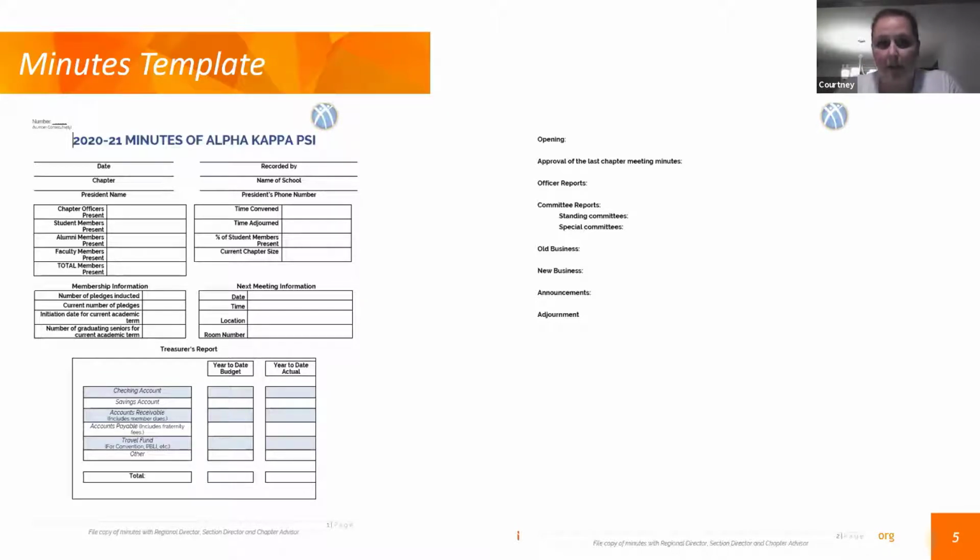Step 3, you do not need to record the discussions of the motions. Meeting minutes should not be a transcript of the meeting, but provide enough detail to trigger your memory of what was discussed and who brought up what points. So again, just make sure that you have as much information as possible to ensure that people who aren't there have the information, but you don't have to do exact words either.